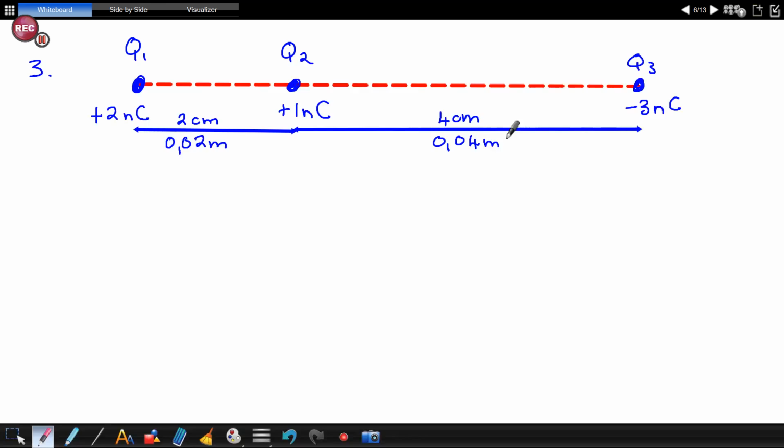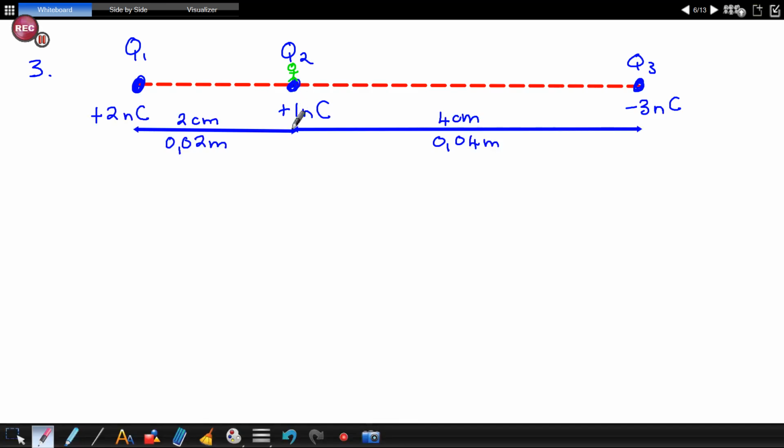So what's the question about? Calculate the magnitude and the direction of the net electrostatic force on Q2 due to the other two charges. So where are we standing? Not the middle. We're standing there.